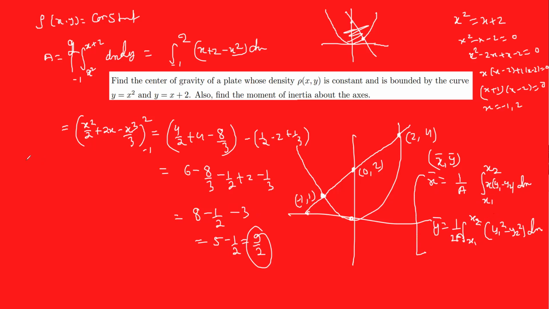Here area is 9 by 2. Right? First we find x bar. What is x bar? 1 upon a. X goes from minus 1 to 2. X y2 is x times x plus 2, not square. Understood? 9 by 2 is 2 by 9, x cube minus x square minus 2x.